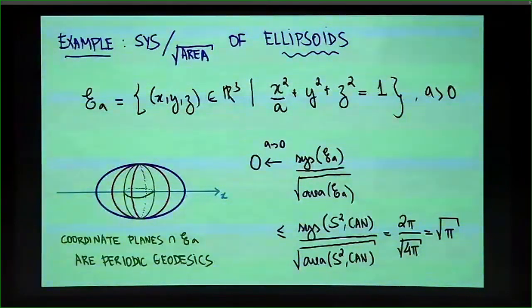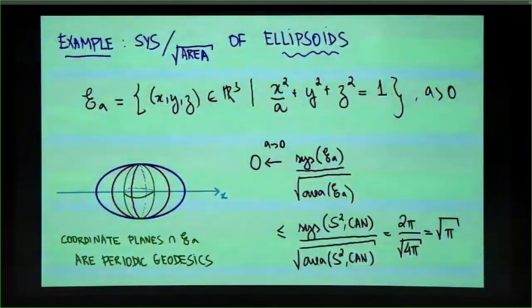And so it's very easy to check, for example, that when a goes to, I wrote 0, but I think it should be infinity, right? Yes, because I want to make the axis longer and longer so that the area will increase as much as I want, but the systole will stay bounded because there is always this geodesic here, the one appearing when you intersect the ellipsoid with the YZ plane.